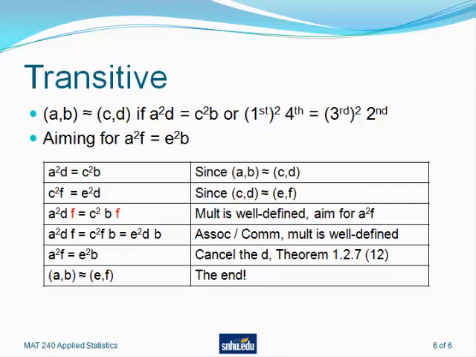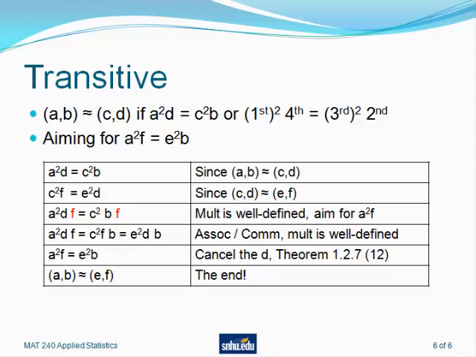So between some associative, commutative, blah blah blah properties, we can put the C squared F next to each other and replace that by E squared D. So if we look at that fourth line, the one that's marked associative commutative, we can see that we're almost there. We have exactly what we want, except there's that extra D on the left and the same extra D on the right. We can cancel the D.